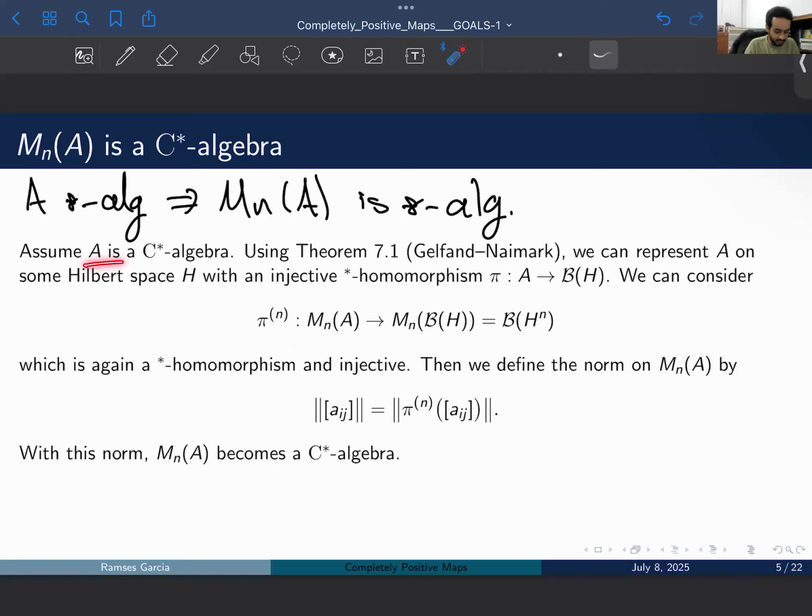Assume we have a C*-algebra A. Using Theorem 7.1, the Gelfand-Naimark theorem, we can represent A faithfully on some Hilbert space. Let's fix a star homomorphism that is injective, and we can consider its amplification. This is an exercise, and I should have written that this is an isomorphism.